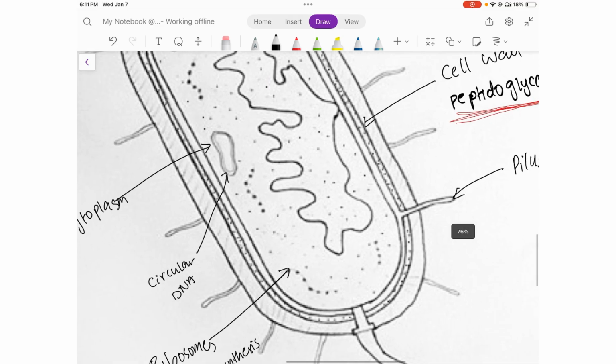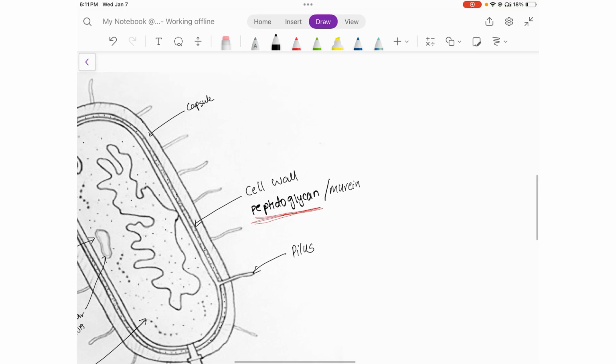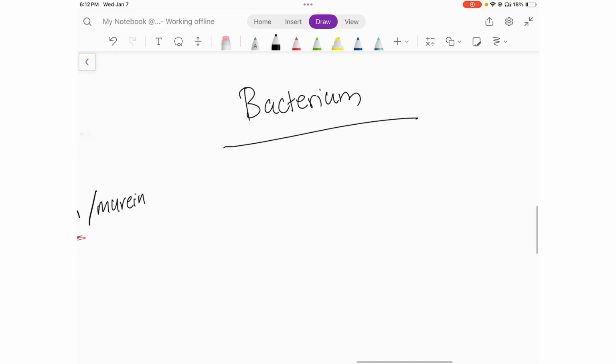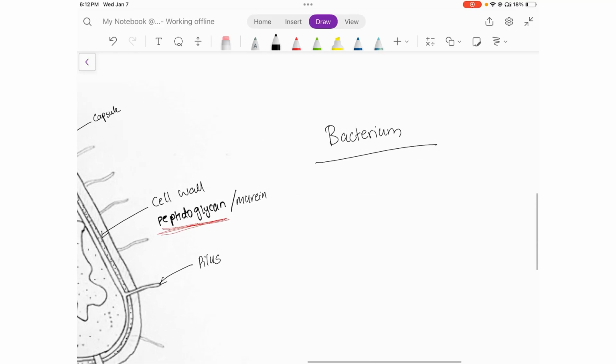Right. So coming back to the topic of prokaryotes, typically a bacterium cell, we can note the following. What did we observe? We observed that it has a cell wall, but made of peptidoglycan.